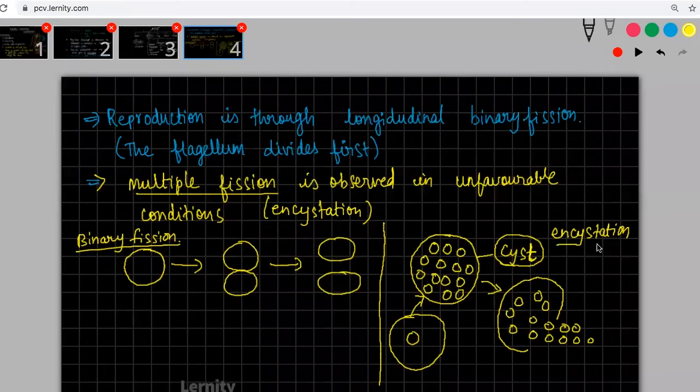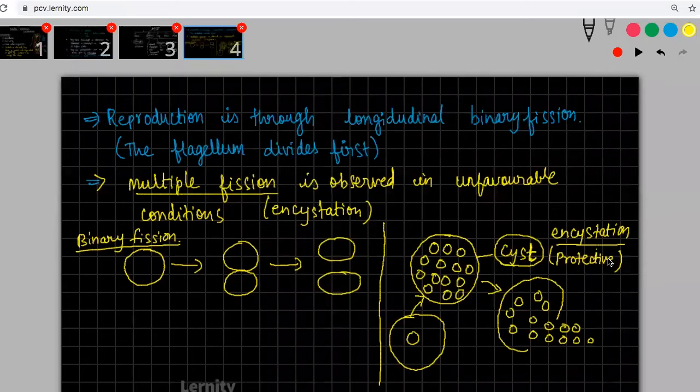Okay. The cyst is kind of very protective. When the water is completely dried up, the organism will die. That's all. There is no other option. If it has formed a cyst before that, the cyst is capable of withstanding a long time, say periods like 2 months, 3 months.